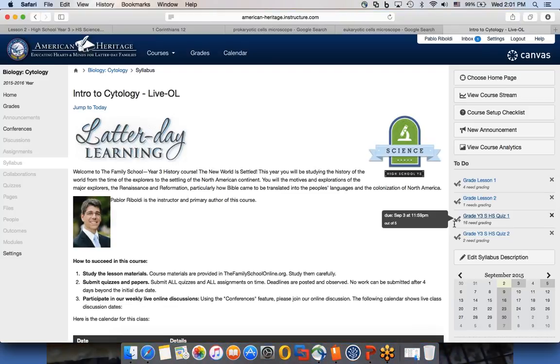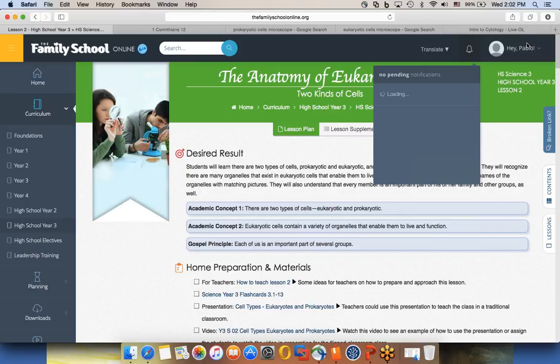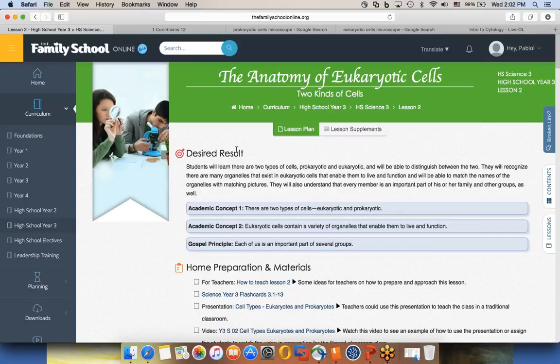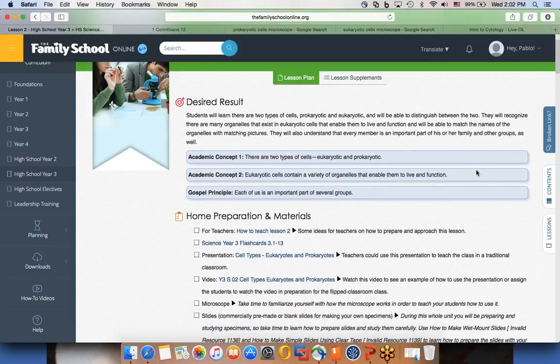Okay, there is a question here. Justin asks about the assignments and how we are going to do the assignments for this lesson. So I'm going to go to today's lesson. This is lesson 2 of the Family School, high school, science 3. The idea is that you will need to read the lesson materials before class.